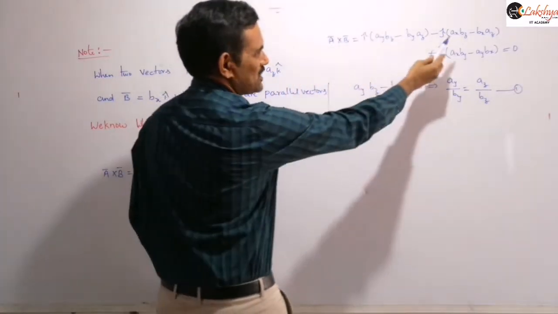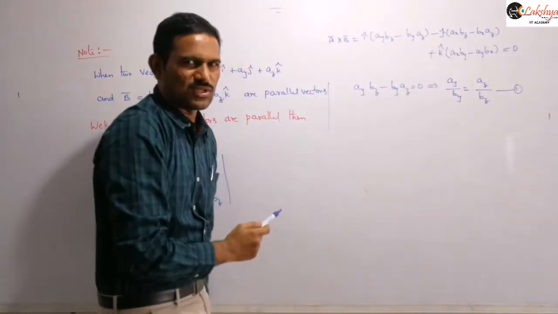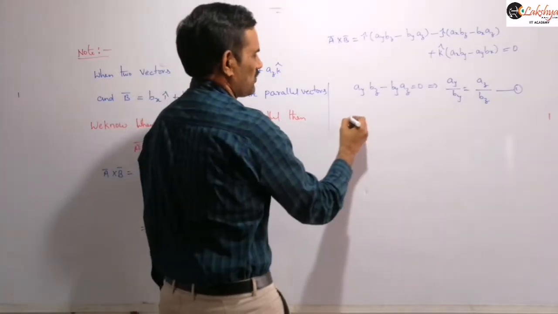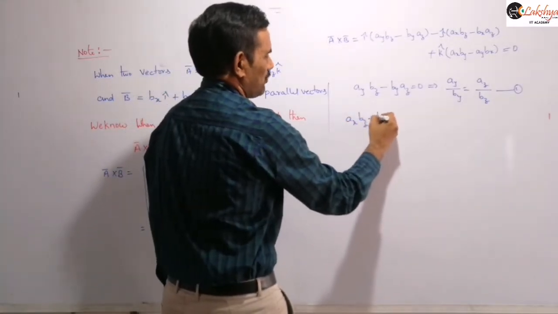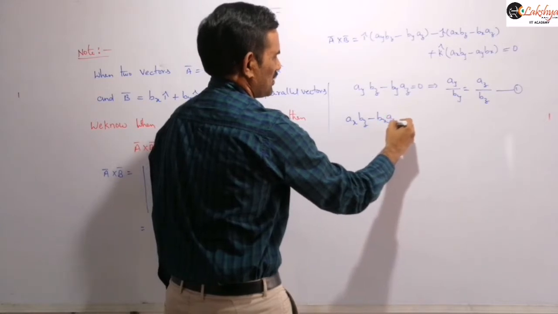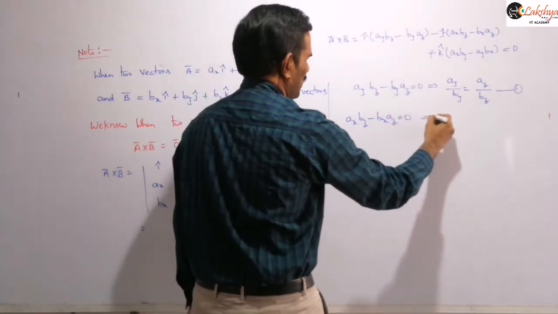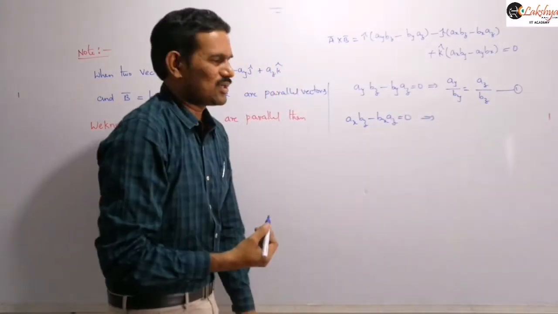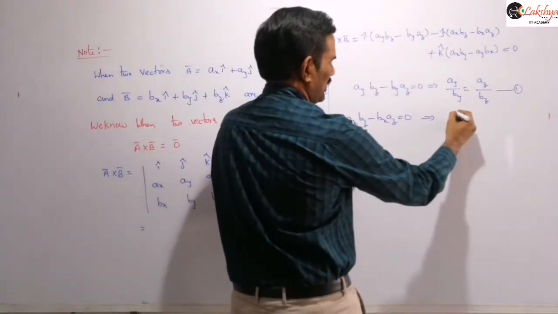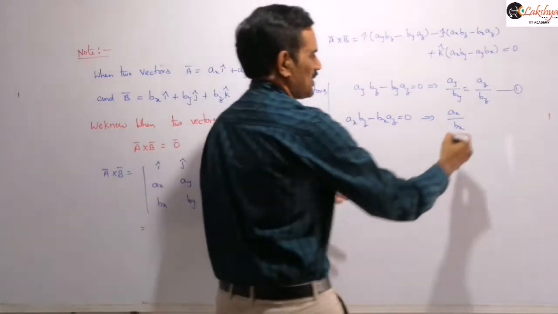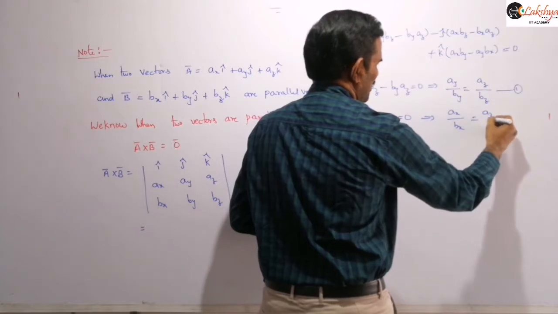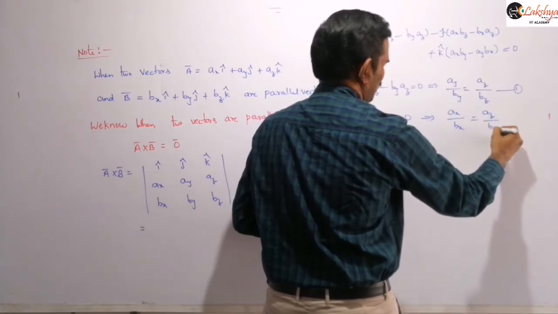Next, similarly, let us equate the j cap coefficient to 0. The j cap coefficient is 0, which means Ax Bz minus Bx Az is equal to 0. From this we can conclude Ax by Bx is equal to Az by Bz.